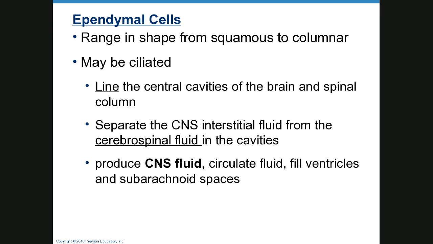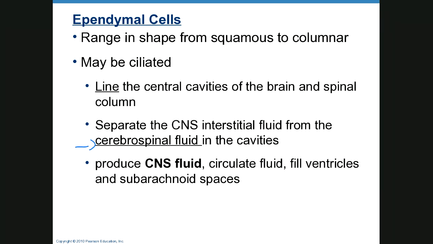Ependymal cells, basically squamous to columnar, possibly ciliated cells that line the central cavities of the brain, the spinal cord. They separate the central nervous system from the interstitial fluid, and in the cerebral spinal fluid in the cavities.